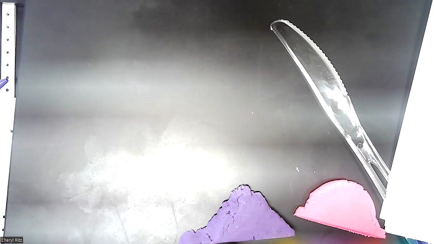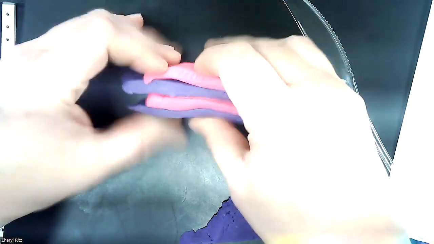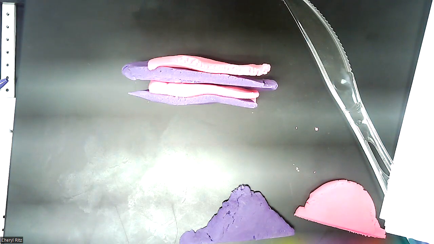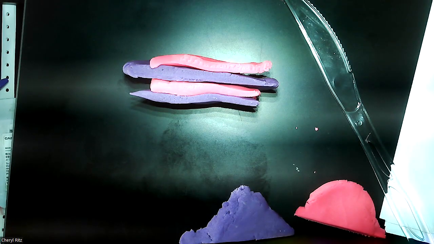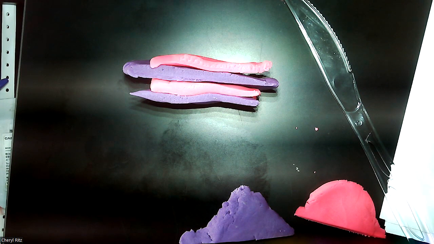So if I had, and I'm just trying to whip up these layers real quick, those layers. Okay, so we have these layers with this purple layer being the bottom and the pink layer being the top.